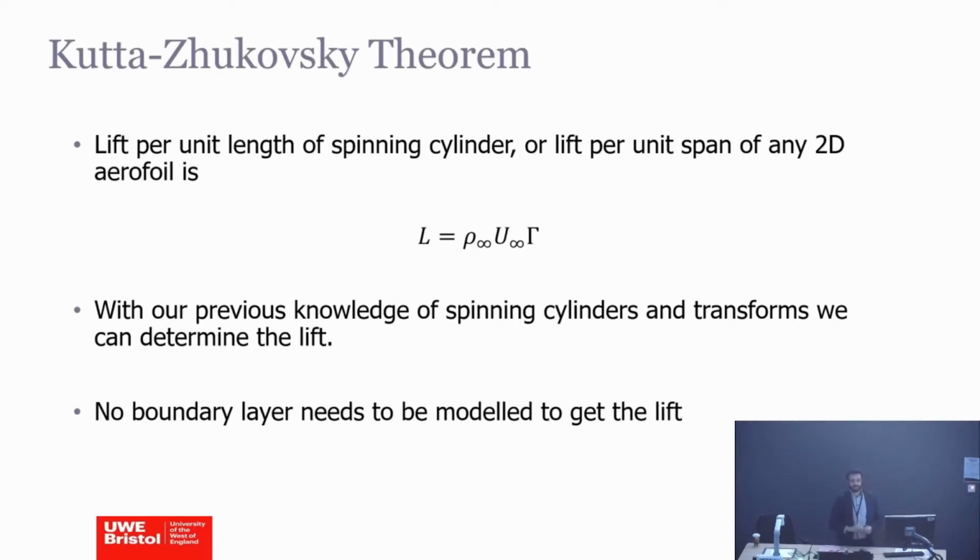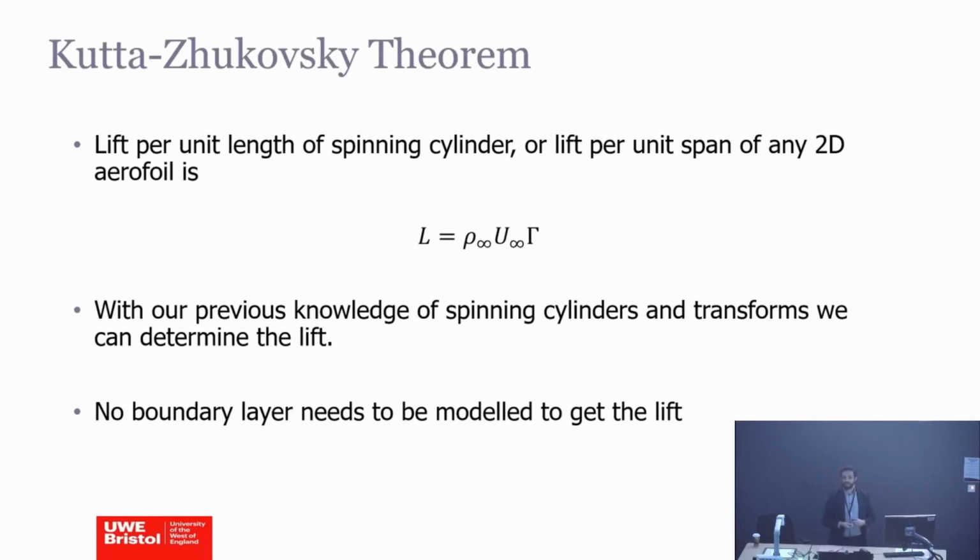Now, let me ask you a question. Does that mean we don't need the boundary layer to get lift? What do you guys think? That's an interesting question, isn't it? So this theory says, from potential flow, that's my lift. Okay? So as long as I know what the circulation around the airfoil is, somehow, we can get my lift. And there is no consideration of the boundary layer. So let me ask you a question. Do we need the boundary layer to get the lift?